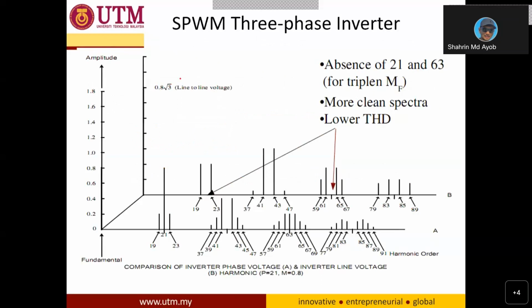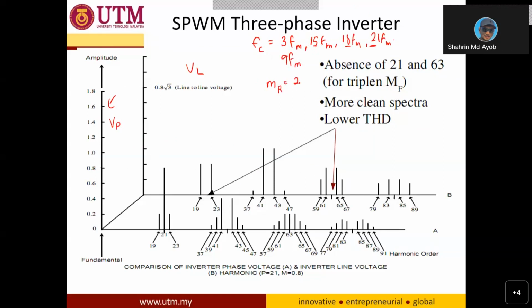So this is the harmonic spectrum for V line, and this is the harmonic spectrum for V phase. If your carrier frequency is in factors of 3, for example 3 multiplied with the modulating sinusoidal frequency, 9, 15, 18, 21, these numbers are actually your modulation ratio.